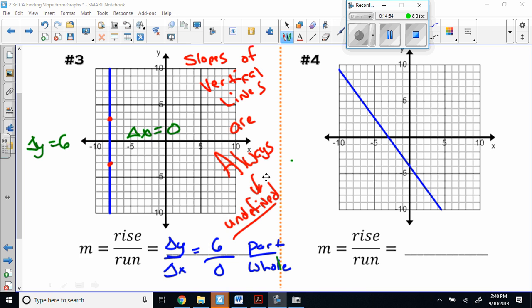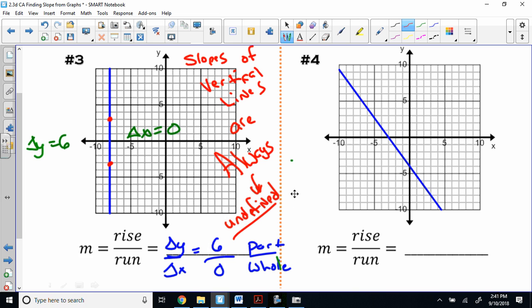Slopes of vertical lines are always, how much? Always undefined, right? Do you understand? That's a big old always. No. What type of straight line? Vertical.